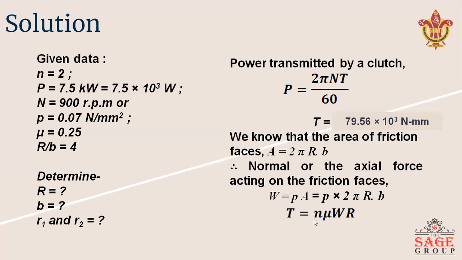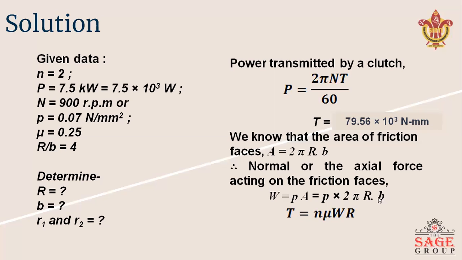Here you can see that n equals 2, as given in the data. Mu equals 0.25, and W equals p into 2 pi R b. So p equals 0.07, pi equals 3.14, and we have to calculate b. From the ratio, b equals R by 4.